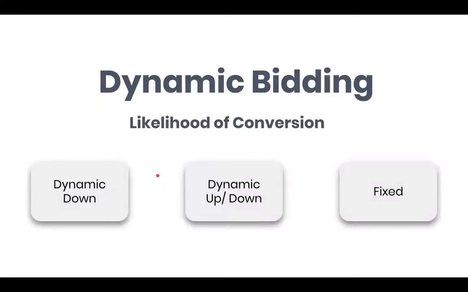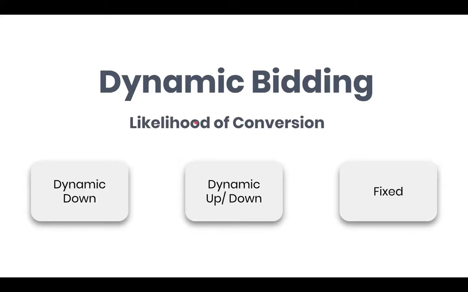The other type of bidding, which is called dynamic bidding, is not so much for comparison with other competitors, but a comparison with your own past, if you may. So it's based on the likelihood of a conversion. So if you have proven to Amazon in the past that this keyword wins for this product, with sales for this product, then you are more likely to convert for that keyword.